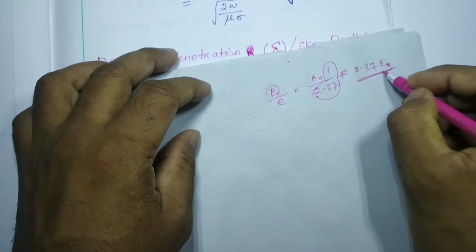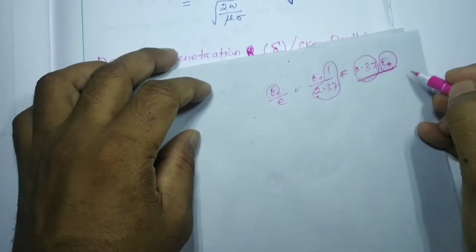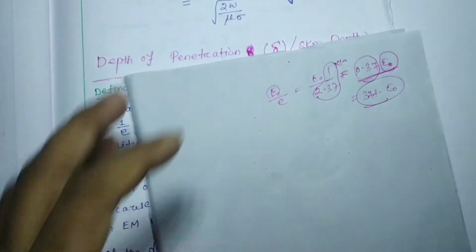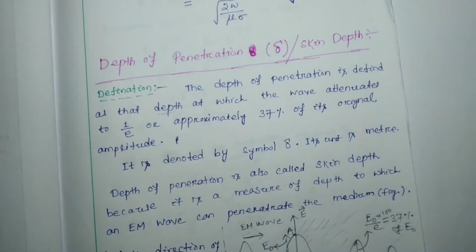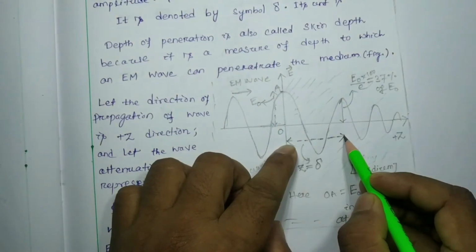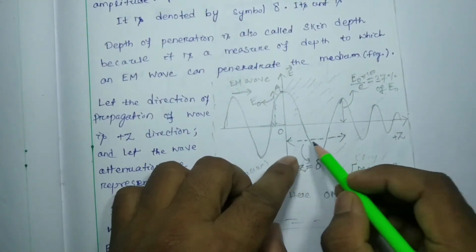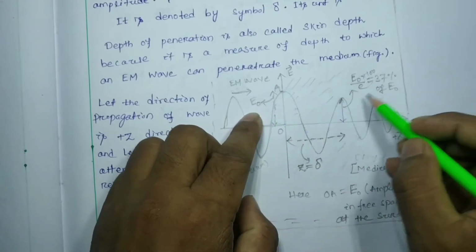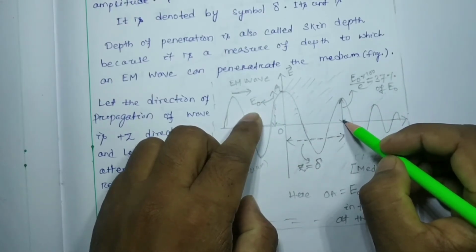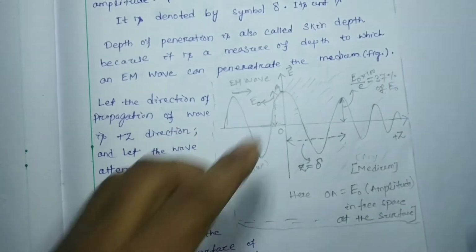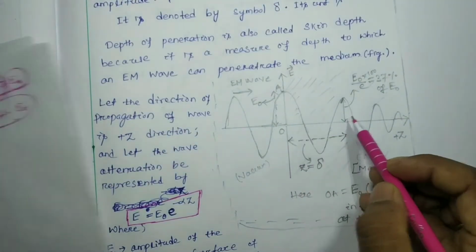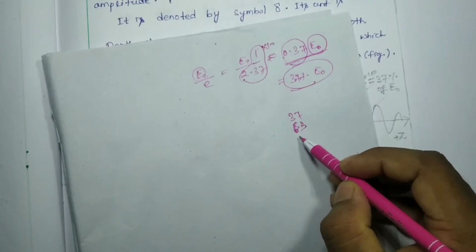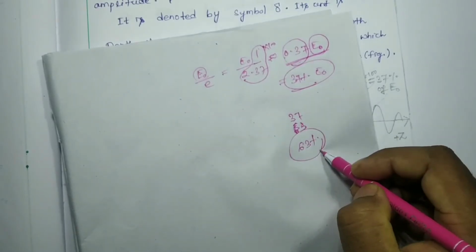If we multiply by 100, it is 37% of E0. So from here to here, 63% is reduced and the remaining is 37%.